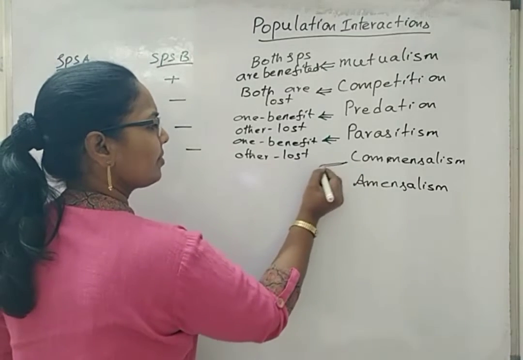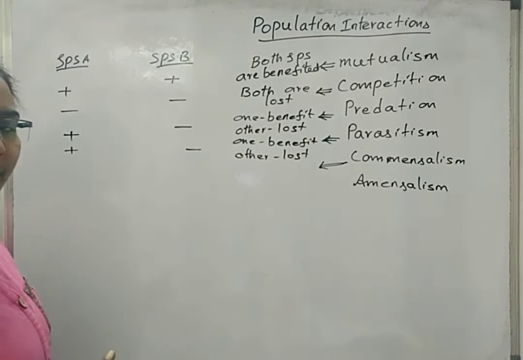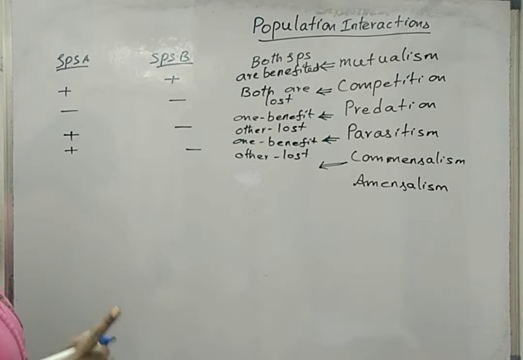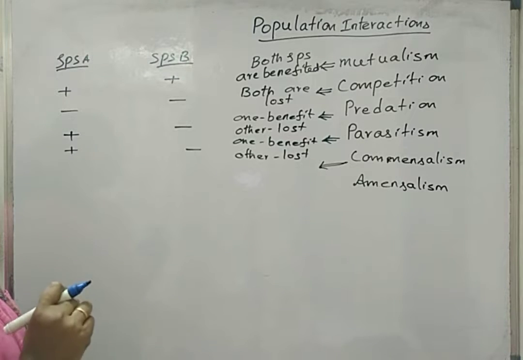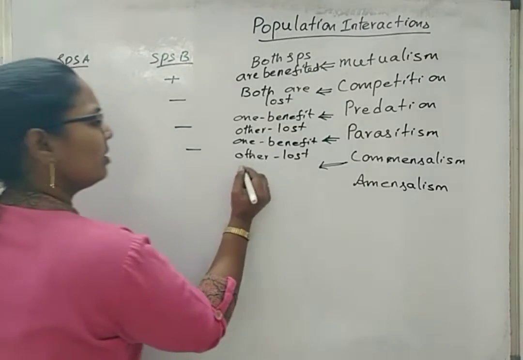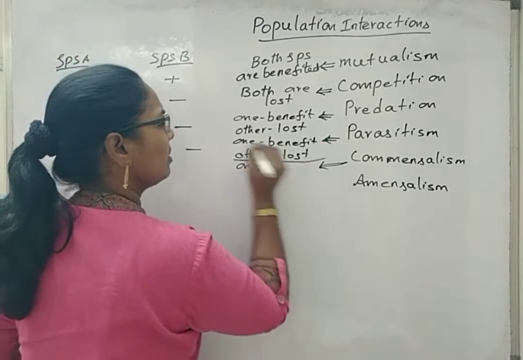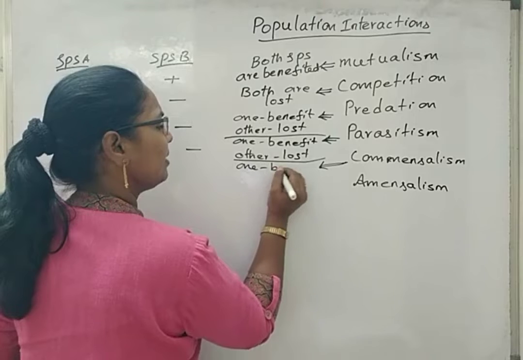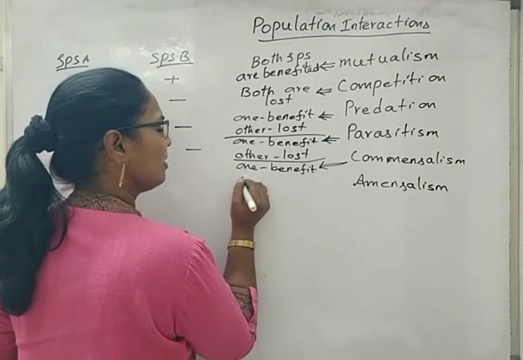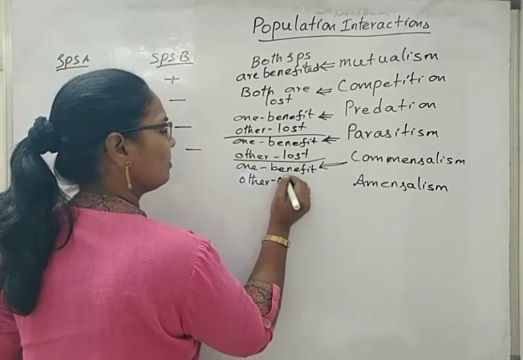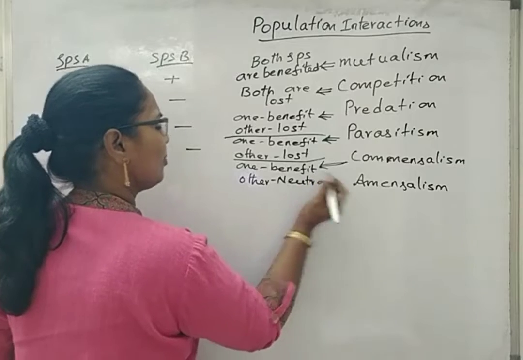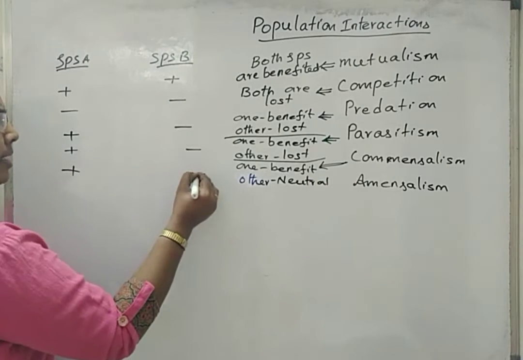In commensalism, one will be benefited, and the other will be neutral. It is neither benefited nor lost. So we indicate this with plus and 0.